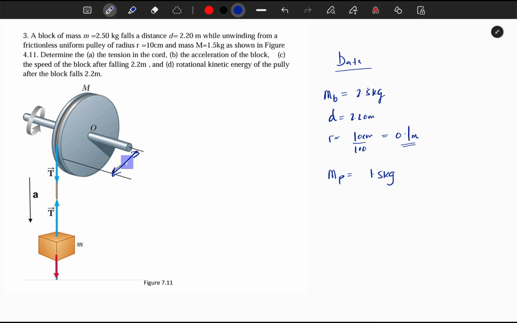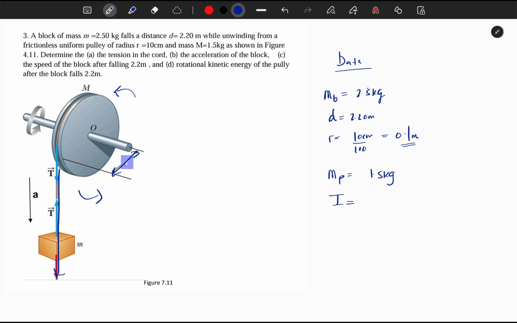All right, then because it is rotational, when this block is falling, the pulley is rotating clockwise. Because of that rotation, it encounters a rotational motion, which implies that since the pulley is uniform, it has what we call the moment of inertia. So we need to describe what our moment of inertia is.